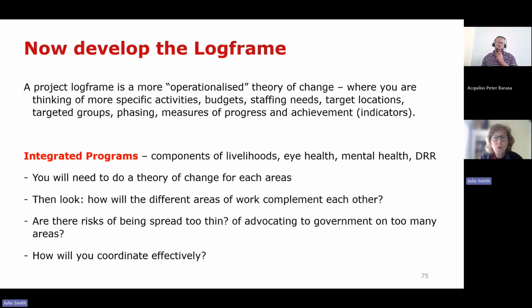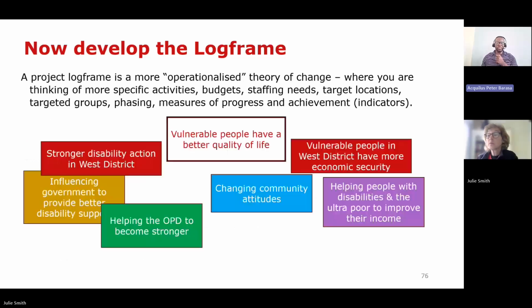How are you going to coordinate effectively, both operationally, how are you going to manage who goes into what communities and when, but also your big picture messaging to communities so that they understand what's trying to be achieved. So this is really important to do a reality check around in this thing that people are calling an integrated program.